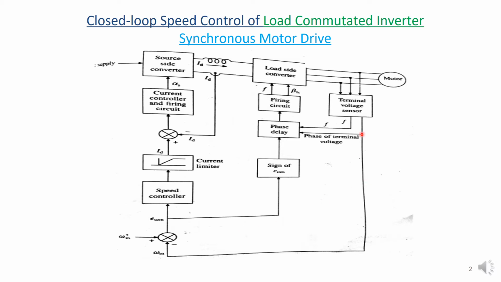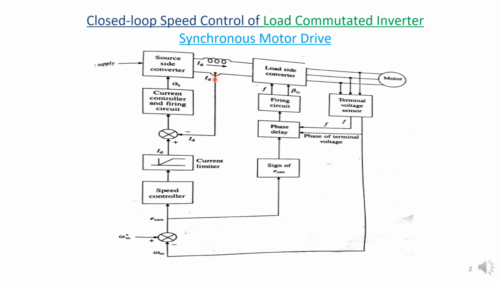Okay. Now let us see what happens whenever the actual speed is less than the reference speed. Sorry, the error signal is positive because the reference value is higher than the actual value, and it is given to the current limiter. The current limiter gives the maximum permissible current value or torque value, which is given to the comparator here.